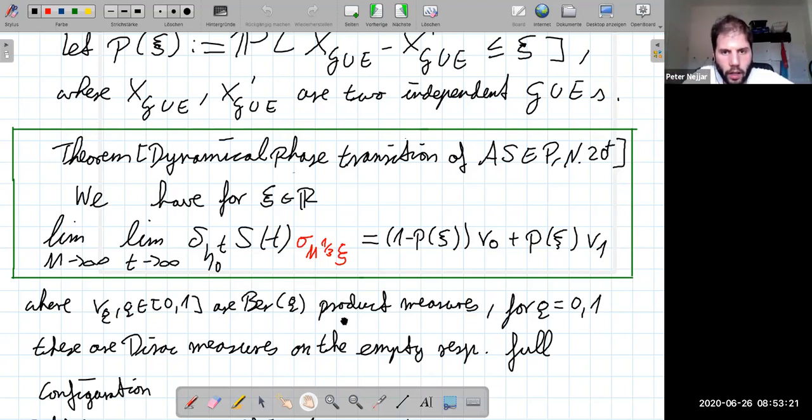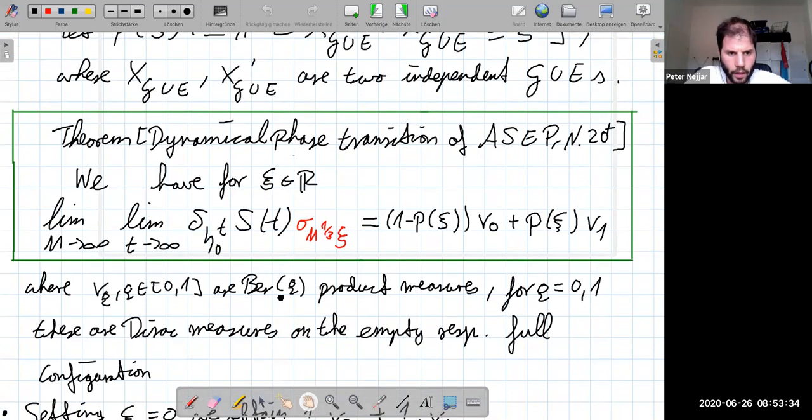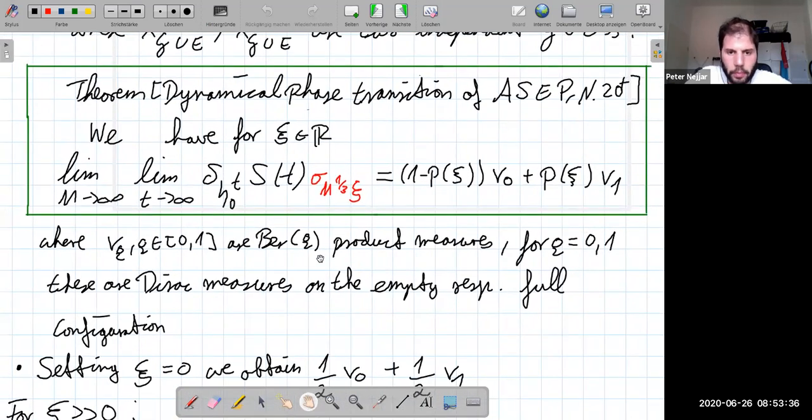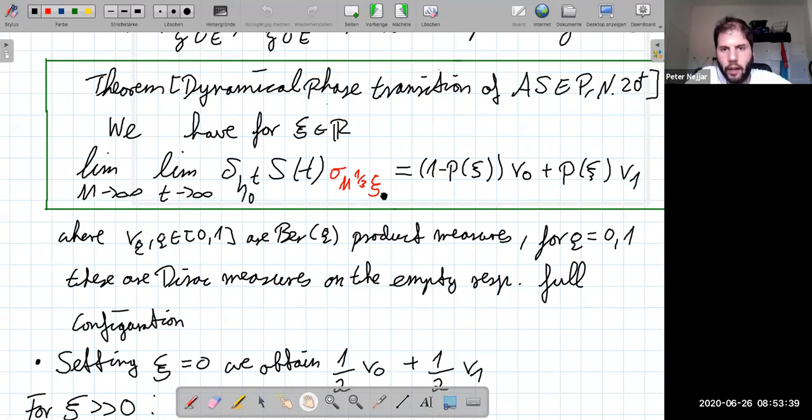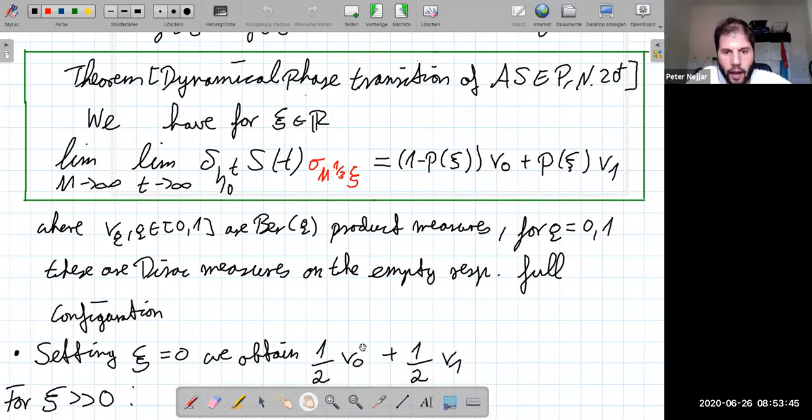Okay. So now this limiting result should be understood through the lens of second-class particles. But before I come to that, just one simple remark. If I set xi equal to 0, so I do not shift at all, then the limit law is just 1/2 times ν0 plus 1/2 times ν1, simply because p of 0 is 1/2.